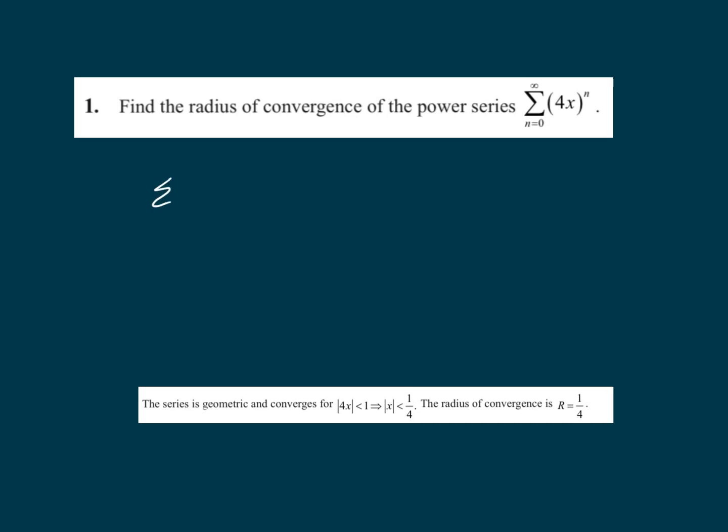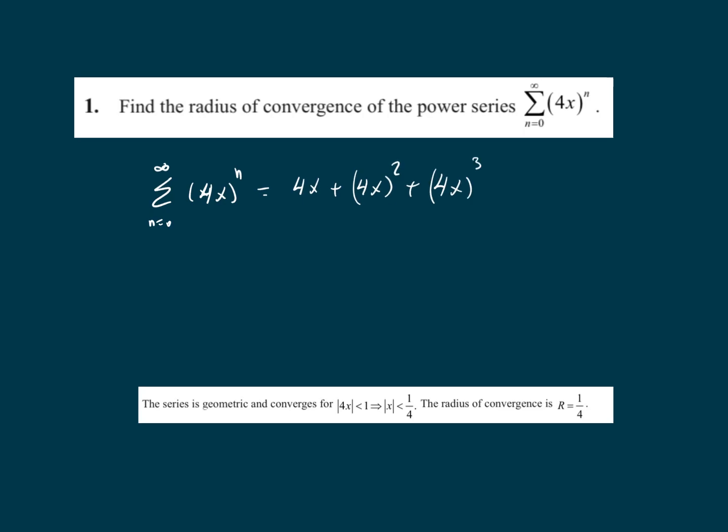So the power series is the summation from n equals 0 to infinity. A power series never ends, you keep summing 4x to the n. So when n equals 1 it is 4x, when n equals 2 it is 4x squared, when n equals 3 it is 4x cubed.